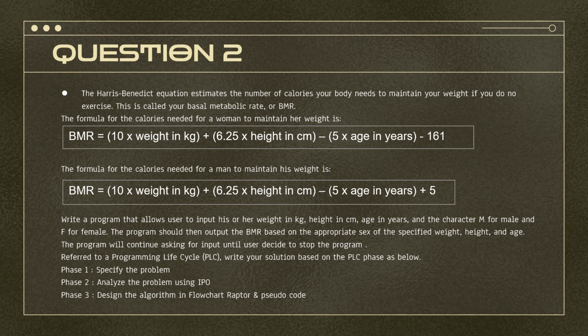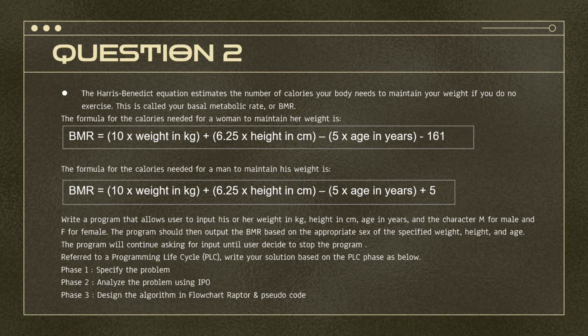The formula for a man is BMR equals 10 multiplied by weight in kg plus 6.25 multiplied by height in cm minus 5 multiplied by age in years plus 5.